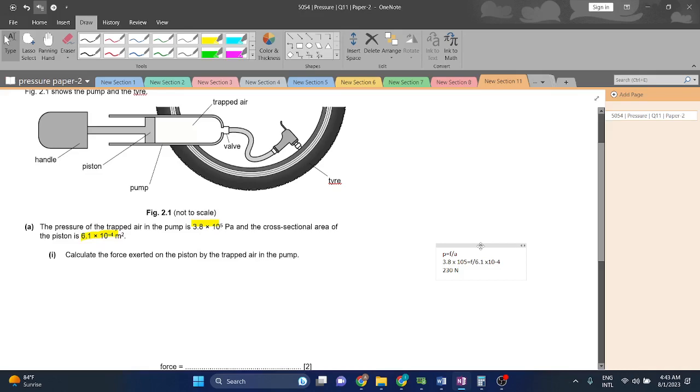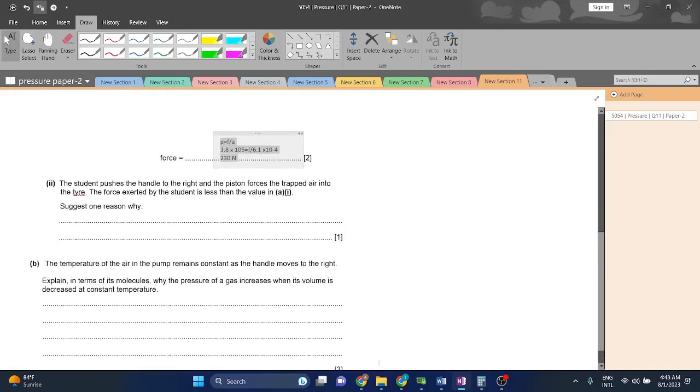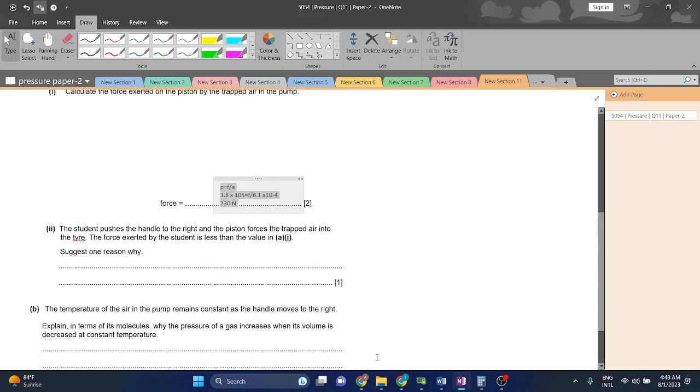Newtons because it is a force. You have to mention the right unit.